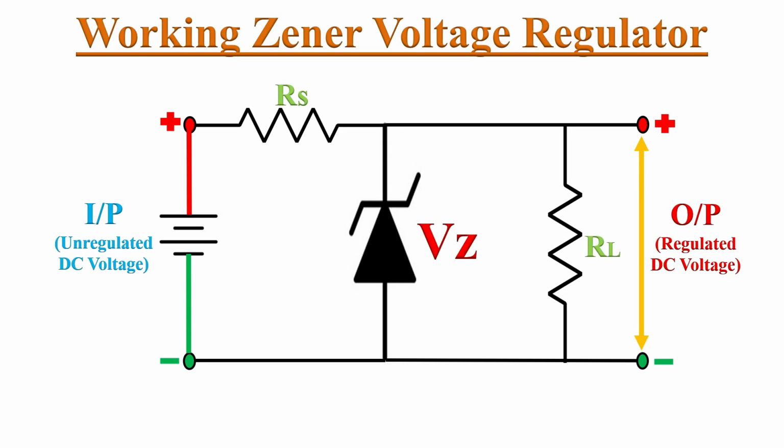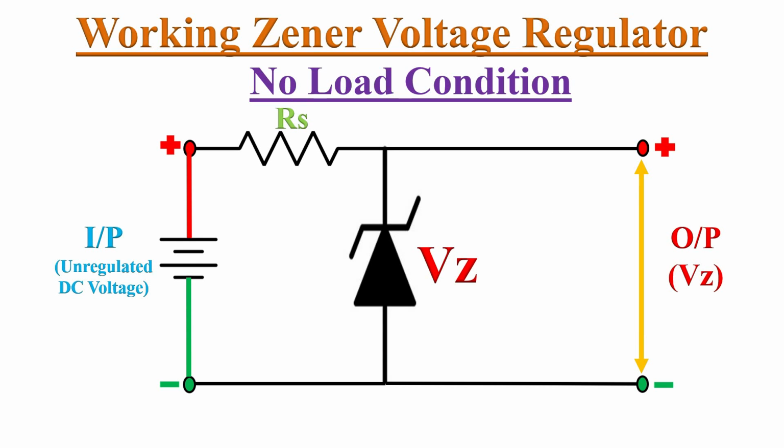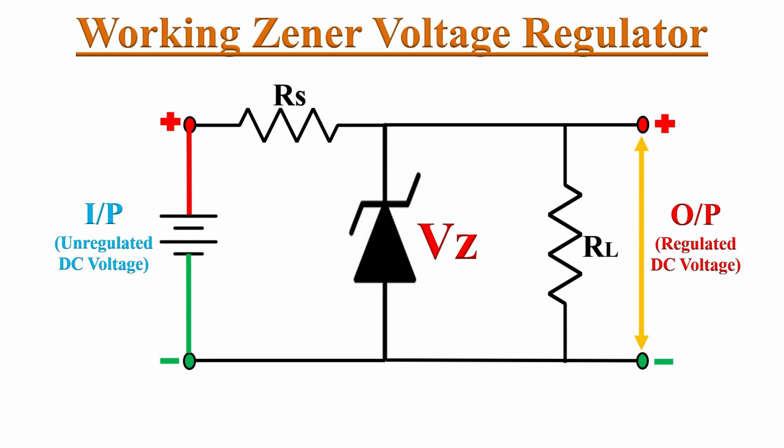Before going to this topic, first of all, we need to find the Thevenin's equivalent voltage across these two nodes, because under no load condition, whenever we apply the input voltage, the entire voltage will appear across the Zener diode. But when we connect the load resistor RL, first we need to ensure that the voltage across these two terminals is more than the Zener voltage Vz.